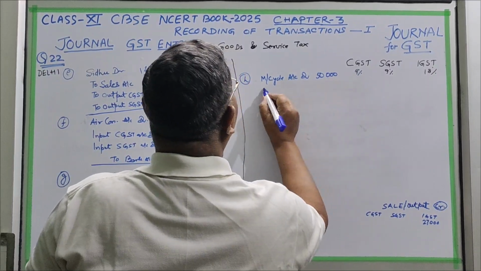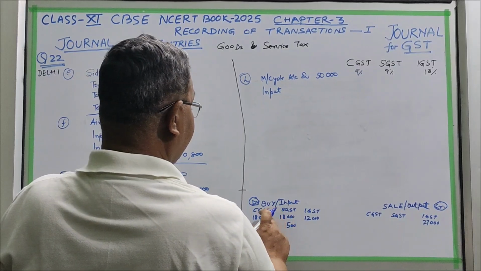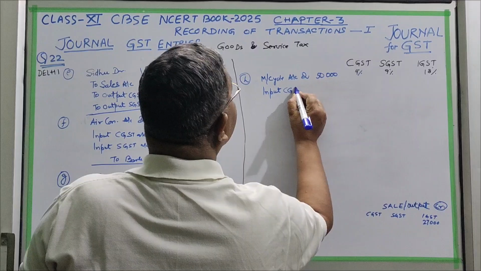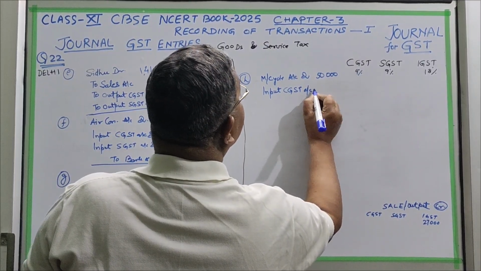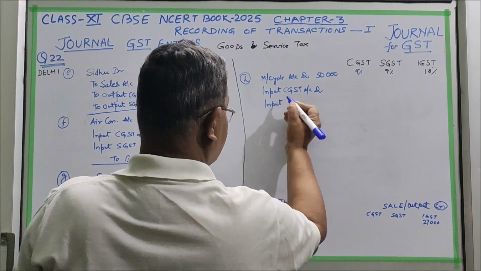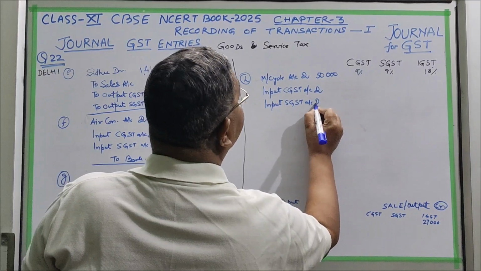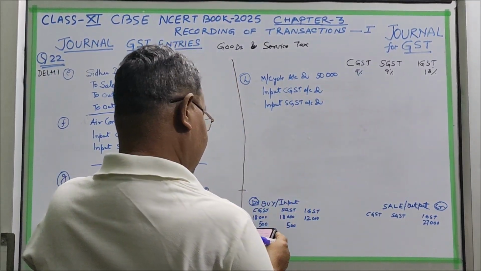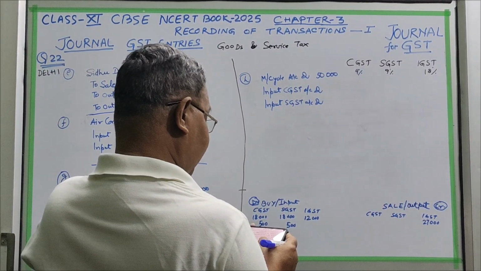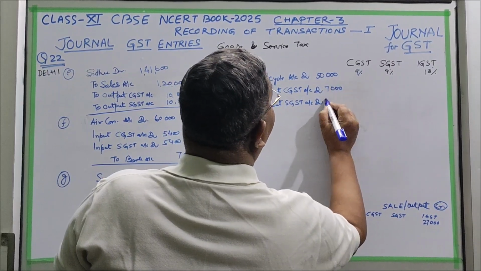Input CGST account debit, input SGST account debit, at the rate of 14%, which means 7,000 and 7,000, to bank account.